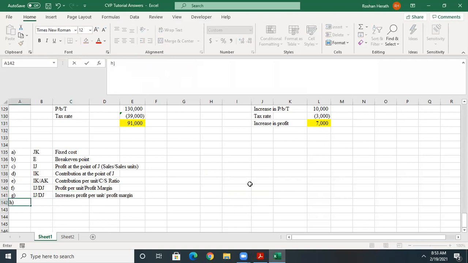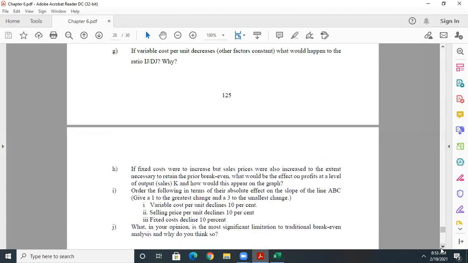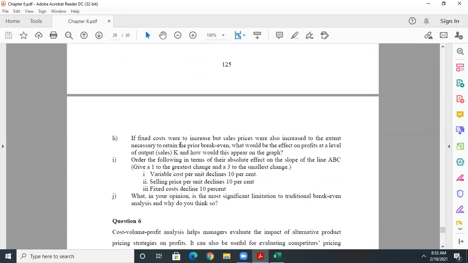Then let's look at the requirement of H. What about H? If the fixed cost were to increase, but sales revenue were also increased to the extent necessary to retain the prior break-even, what would be the effect on profit at a level of output sales K? And how would this appear on the graph?